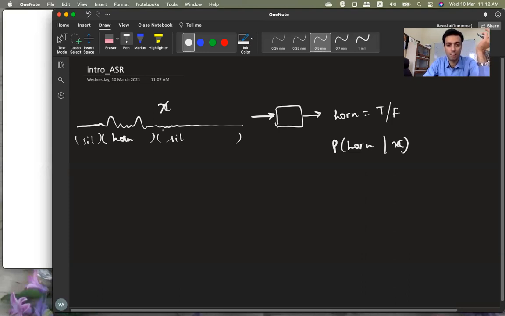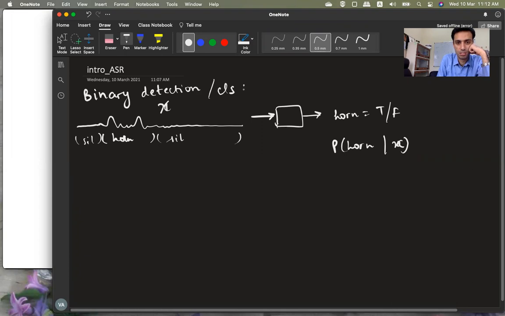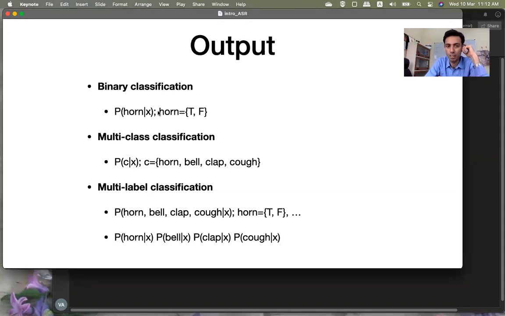All these features can be extracted and you feed them into your detector, and ultimately you want to estimate whether the probability of horn equal to true is large or not. This is called binary classification, or binary detection problem. That's what I mentioned here: probability of horn given X.